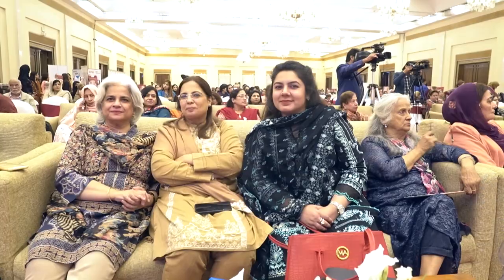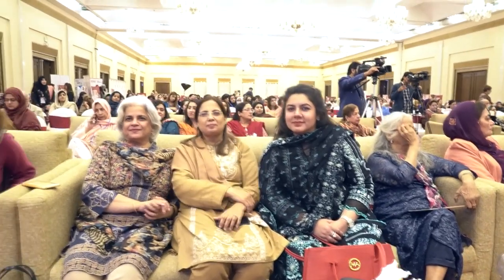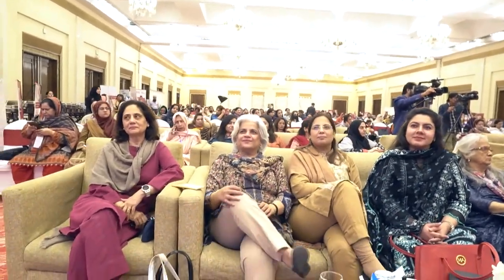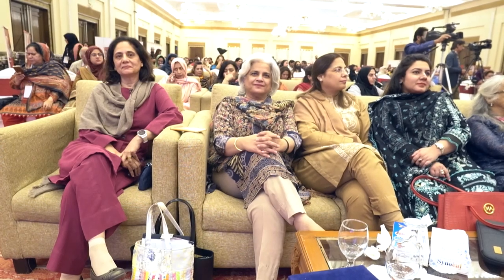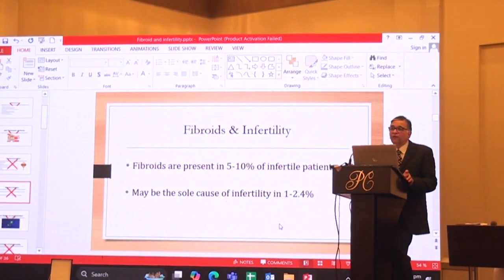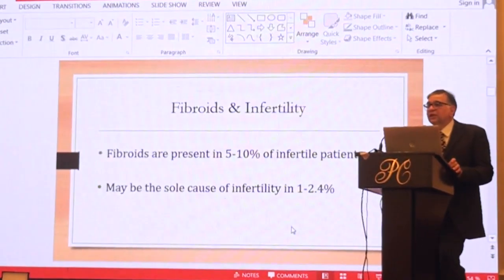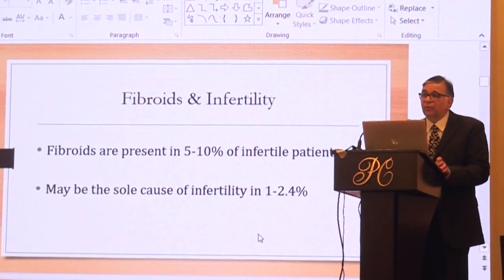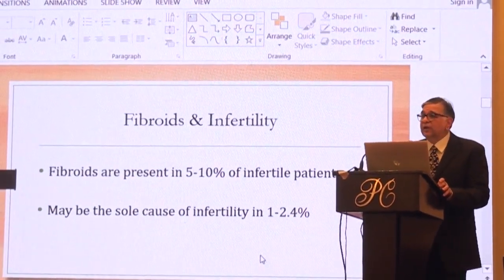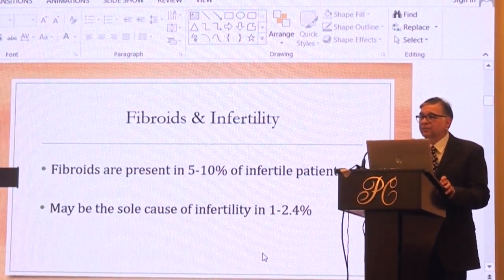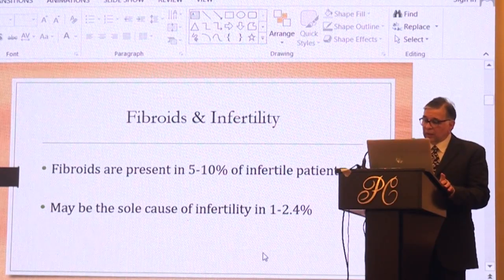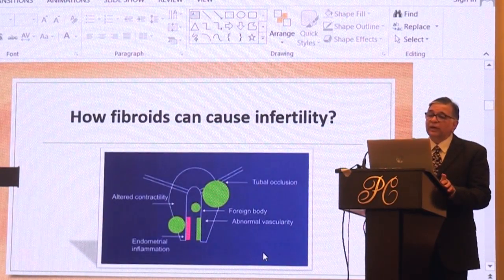But then there is enough evidence now that unnecessarily addressing the fibroids can actually enhance the subfertility or complicate things. So one message which I definitely want you to take home is that every fibroid does not need treatment, and actual surgical management or medical management of fibroids can actually reduce fertility rather than enhance it. So you have to be very sure that this is a fibroid that you really do want to leave.